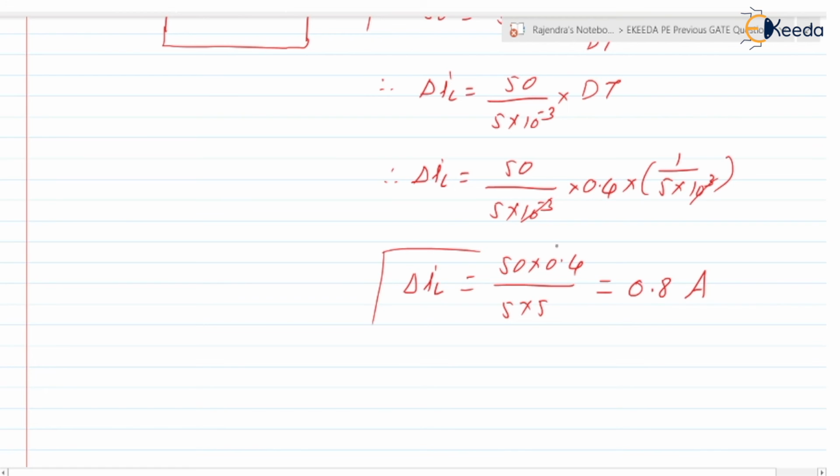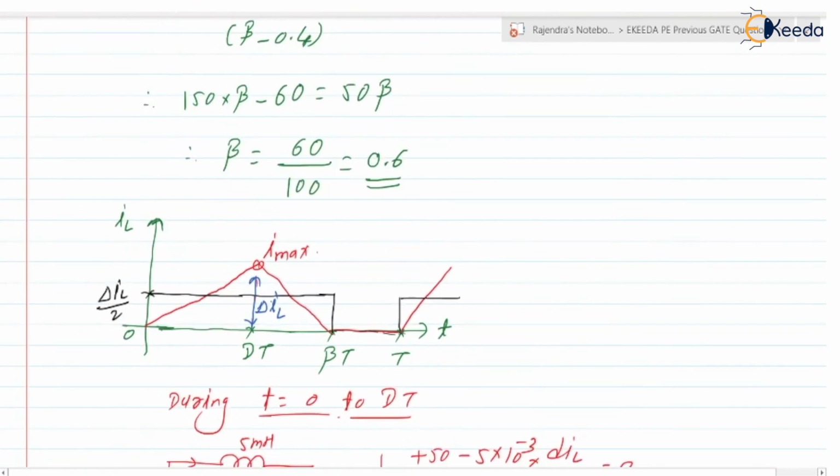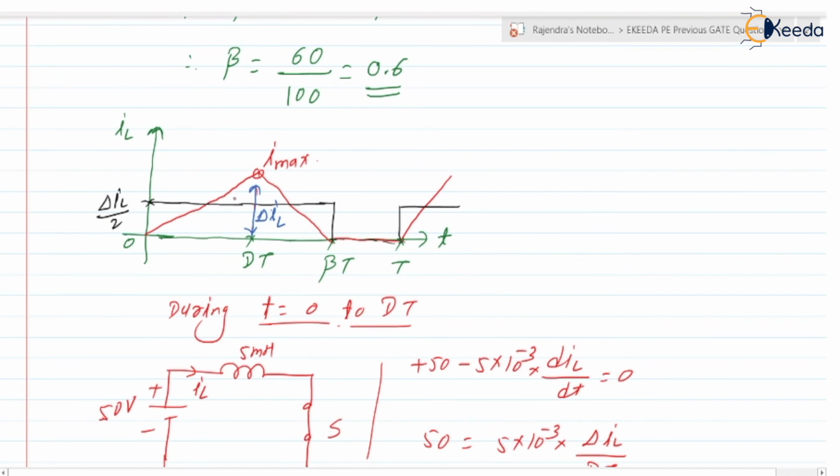Now can we find the IL average? Yes, if you check the IL waveform, we can write IL average. This is linearly increasing and then linearly decreasing. So we can write it as 1 by T integration from 0 to beta T of delta IL by 2 into dt.